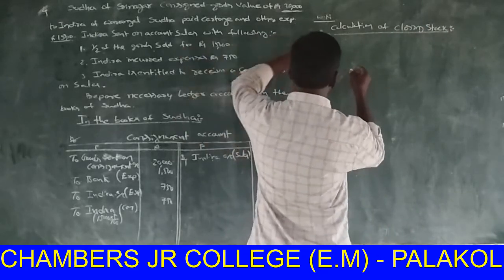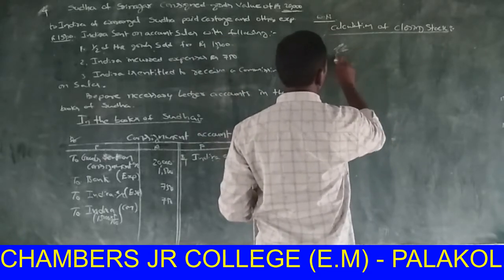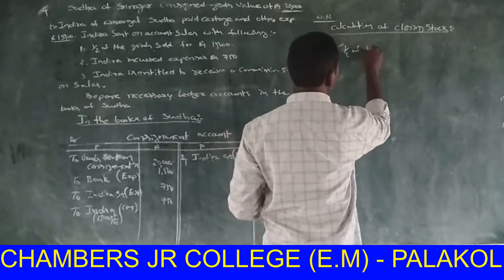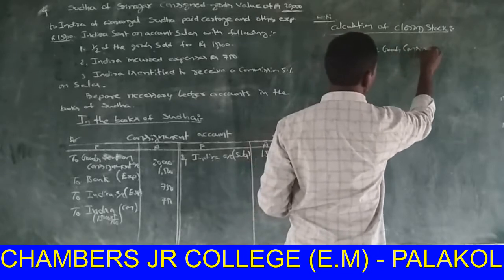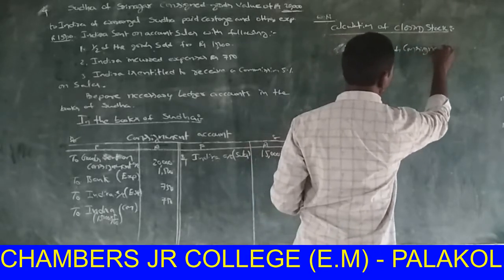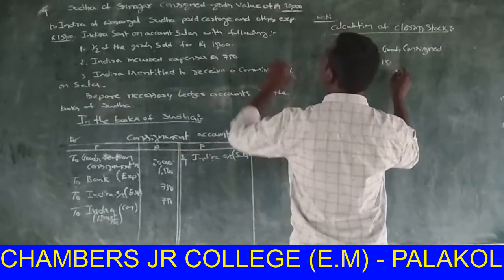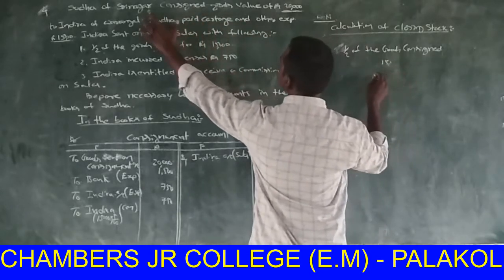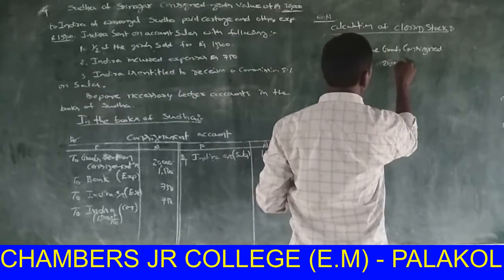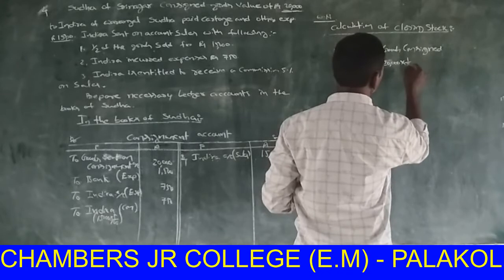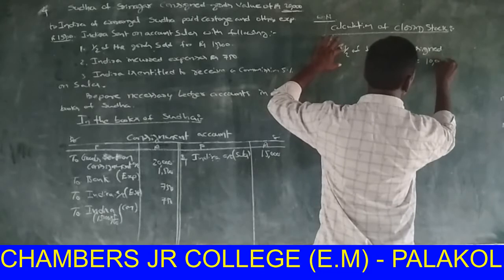Half of the goods are sold, so half of the goods consigned remain. Sudha of Srinagar consigned goods value 20,000, 20,000 into 1 by 2. Half of the goods consigned remaining is 10,000.